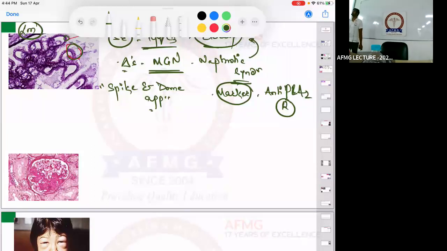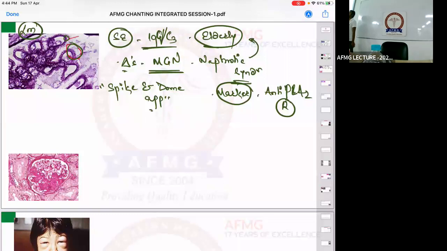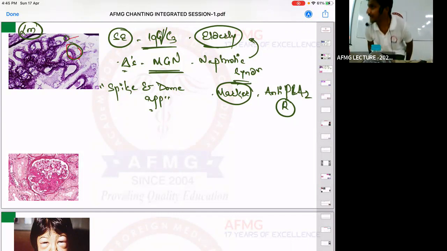The most common glomerulonephritis associated with malignancy is MGN. Most common glomerulonephritis associated with infection is also MGN. So if infection, tumors or malignancy is mentioned, the answer is more likely to be MGN. And kidney biopsy shows spike and dome appearance along with basement membrane thickening. No issues with this. Therefore, the name membranous glomerulonephritis.